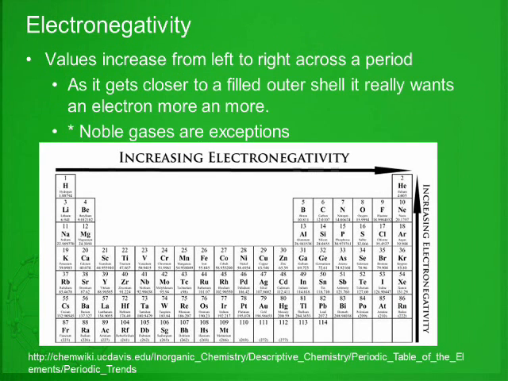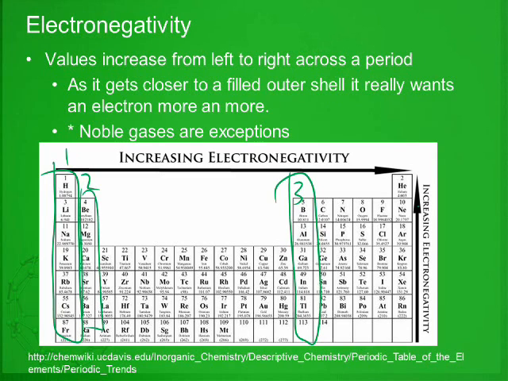Values will increase from left to right across a period. So again, here, these guys are so far from being noble. By adding electrons, they don't want any more electrons. It's easier for this group, the 1s, 2s, and 3s, it's easier for these guys to lose those electrons to be like the previous noble gas than to gain electrons.